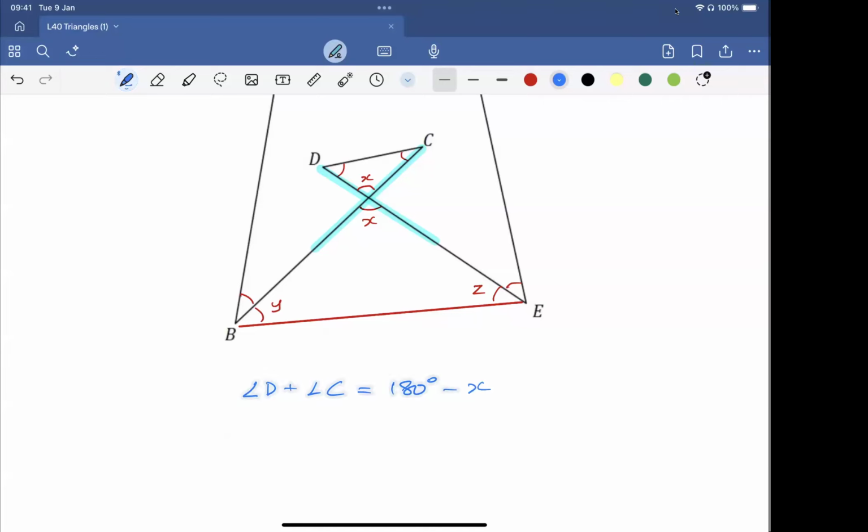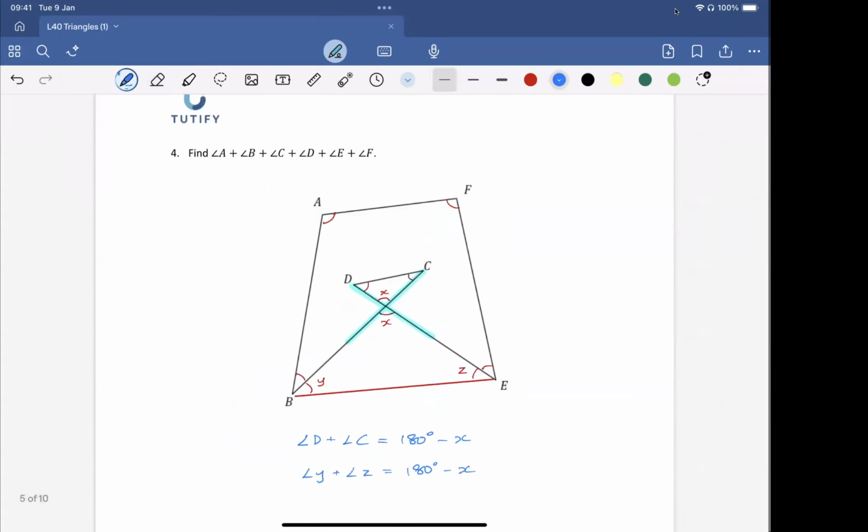X. Yes, 180 minus X. Now I would like you to tell me how to find angle Y plus angle Z. 180 minus angle X, minus angle X again. So do you agree that these two are the same? So that means, can I say that D plus C is the same as Y plus Z? Yes, they are the same, right?